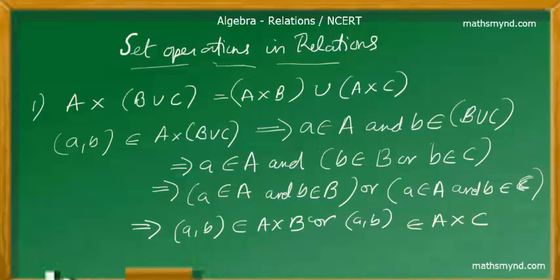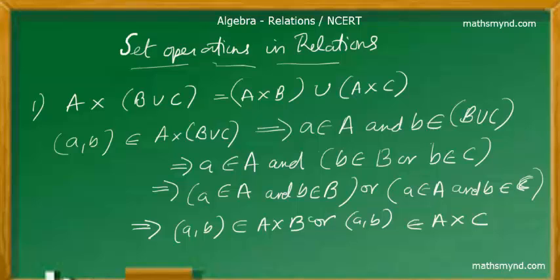Now the next step is: a is an element of set A and b is an element of set B, or a is an element of set A and b is an element of set C. As you can see, the common point is a being an element of set A. Now what does it mean?